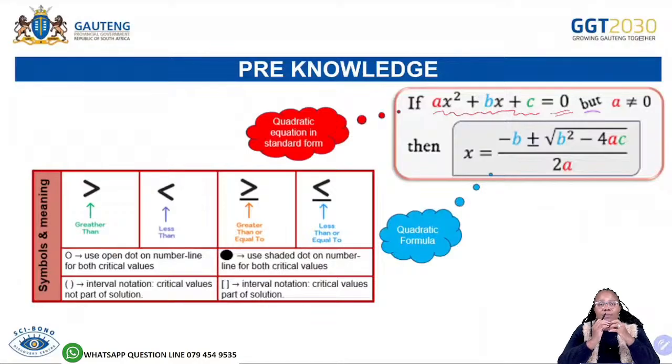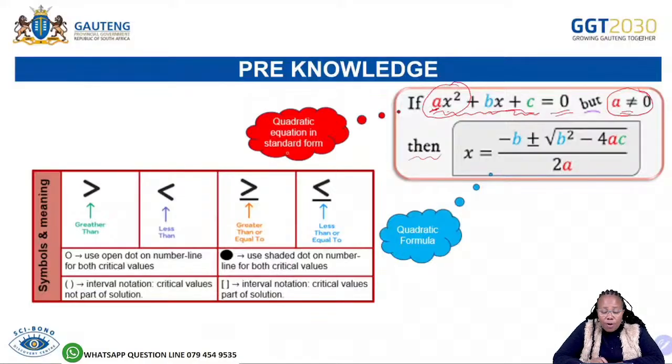But the a value can never be 0, because if you put 0 there, the x squared term becomes 0 and the equation is no longer quadratic. To be quadratic you must have x to the power 2. That is why we have the restriction that a cannot be equal to 0.